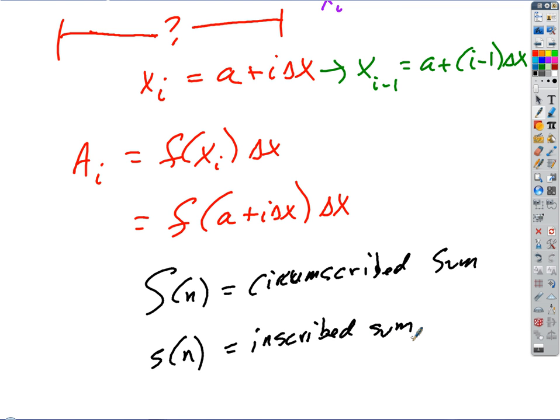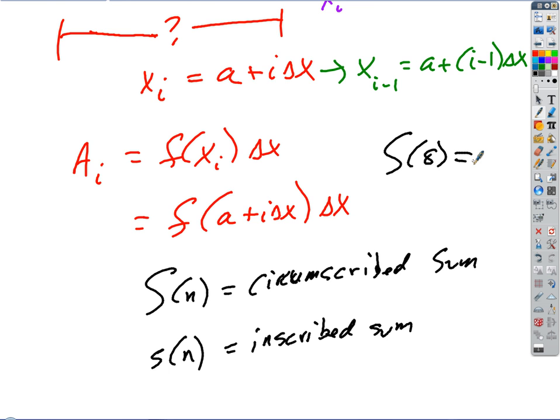Okay? And so if you were asked a question like find capital S of 8, what do you suppose that's asking? Circumscribed sum of how many rectangles? 8, exactly. So does that make sense? That's going to define what your delta x is, based on however wide the area is that you're adding up.